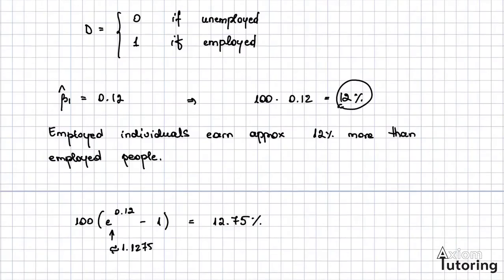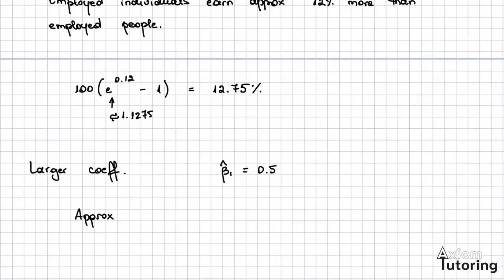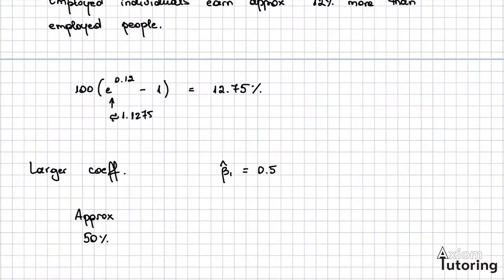Now imagine that you had larger coefficients. Assume that your beta 1 actually was 0.5. If we redo all of the computations, with the approximation this means a 50% difference between employed and unemployed.